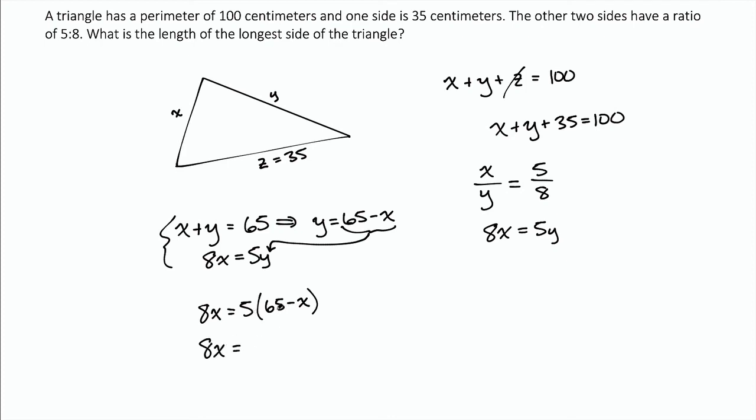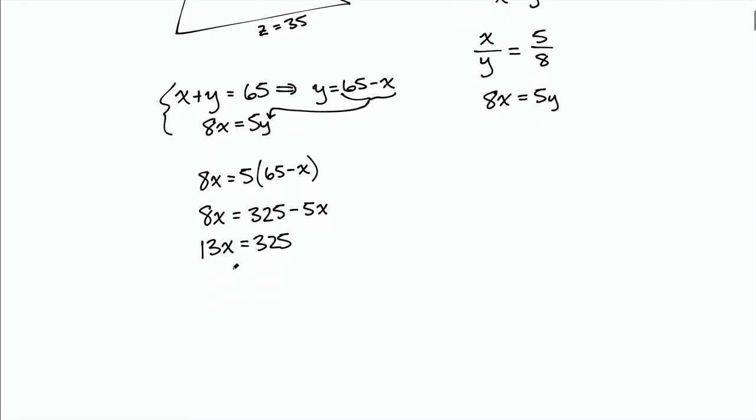The 5 I can multiply in. 5 times 65 is 325, and then minus 5 times x. Now if I add the 5x to both sides, I get 13x equals 325.